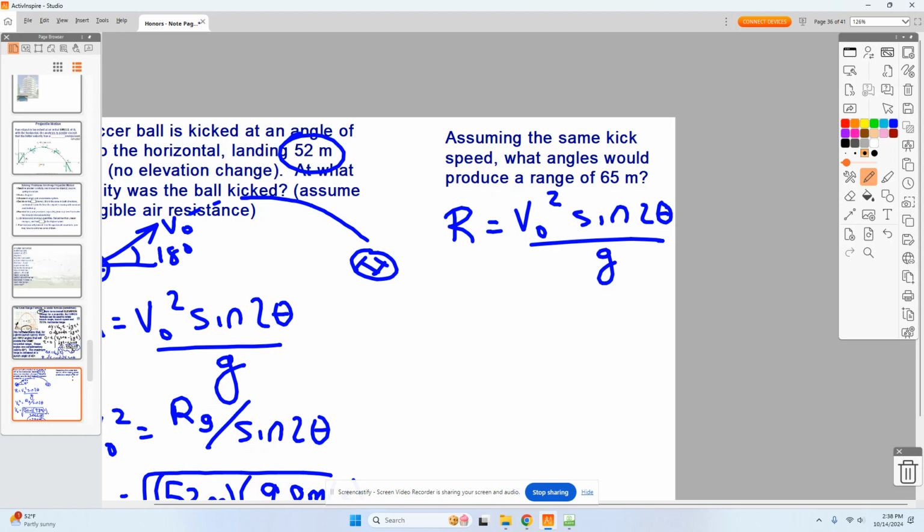So I'm going to say the sine of 2 theta is equal to R times G divided by V naught squared. That means 2 theta is the inverse sine of that quantity that we see there.